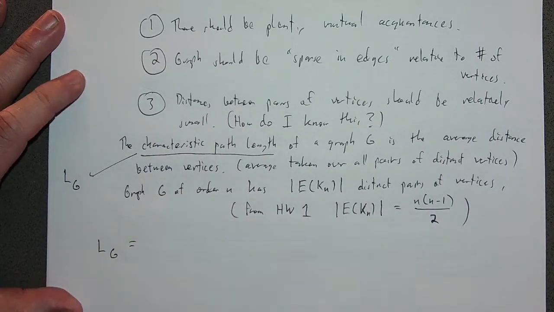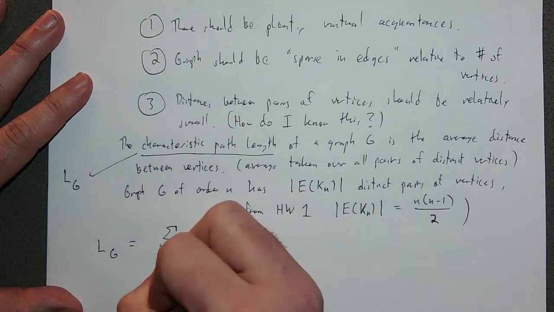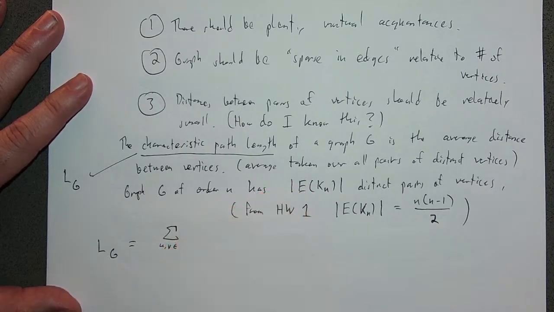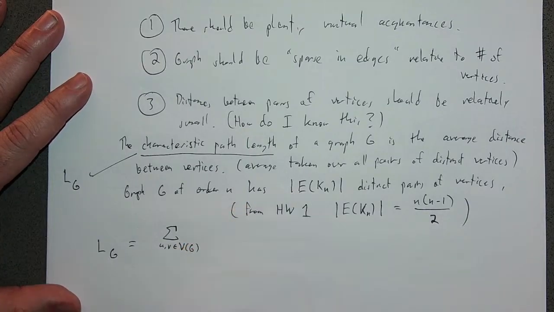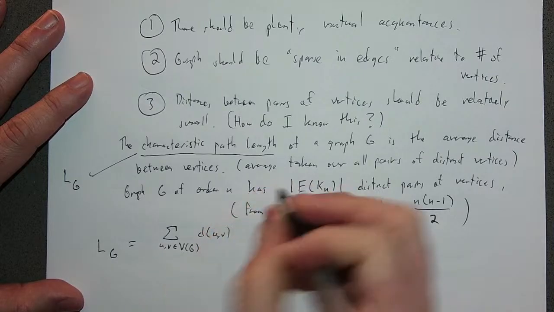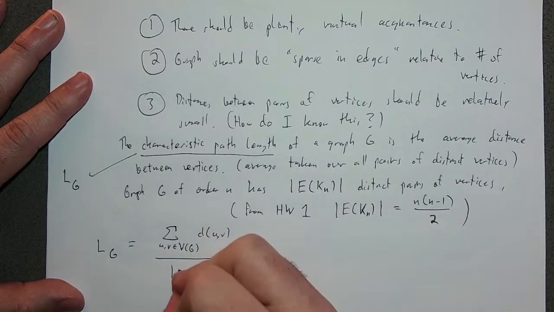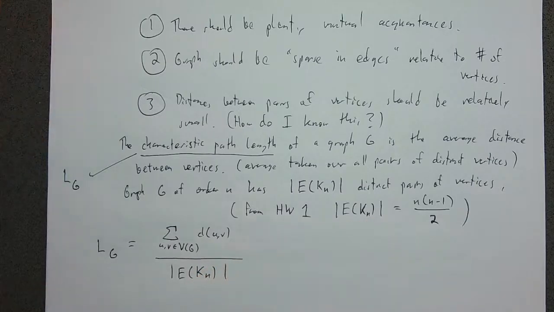So L sub g is the sum over vertices u and v that are distinct vertices in the vertex set of G. I'm summing their distance, and I'm dividing that by the total number of such distinct pairs of vertices, which is the cardinality of the edge set of the complete graph here.